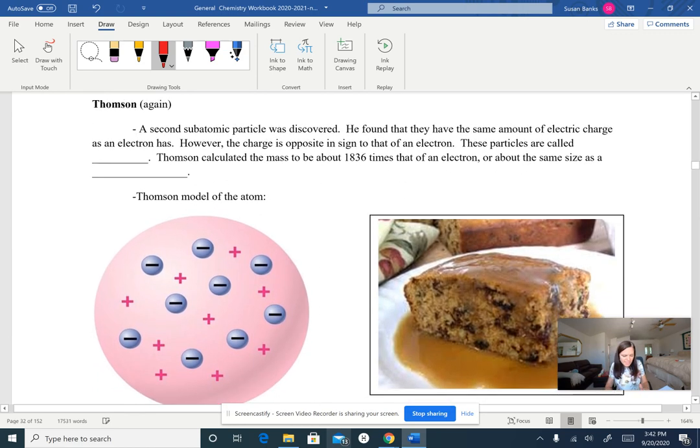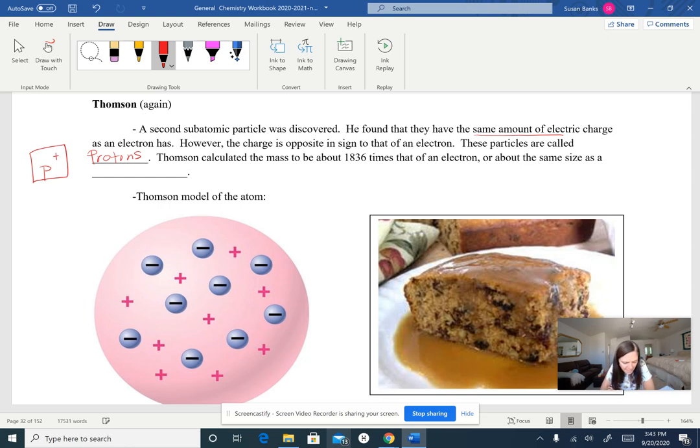He found that second subatomic particle, and he found that it had the same amount of electric charge as an electron. However, the charge was opposite. So instead of being negative like the electron, it was positive. These particles are called protons. And we symbolize protons with a lowercase p and a plus in the upper right-hand corner.